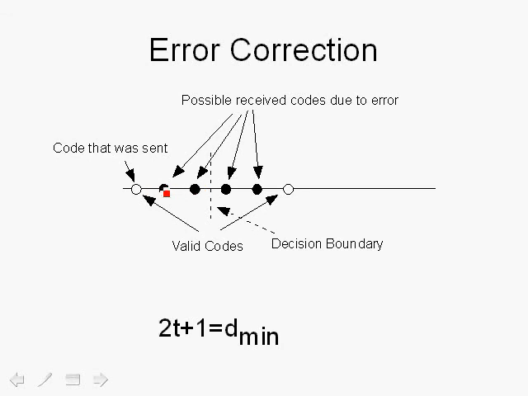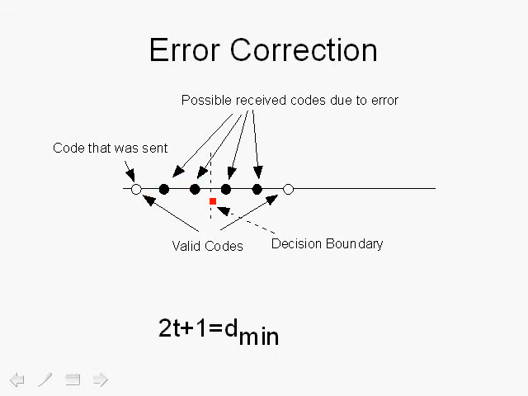So for example, here we have a Hamming distance of say 1, and here we have a Hamming distance of 2 between the possible received erroneous codes and the actual sent code. In this case, since this code would be closer to the code that was sent, we would make the decision that this code was sent.